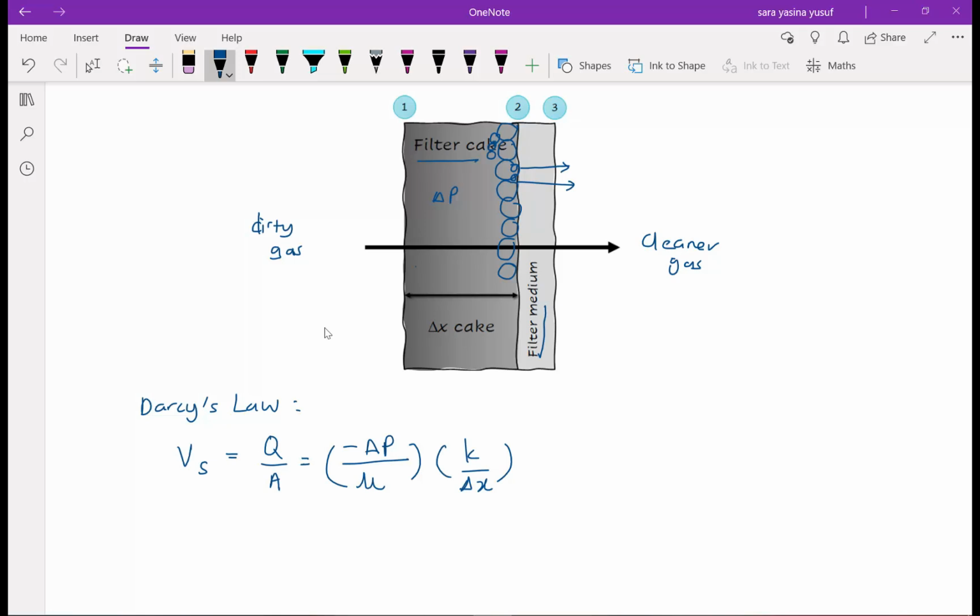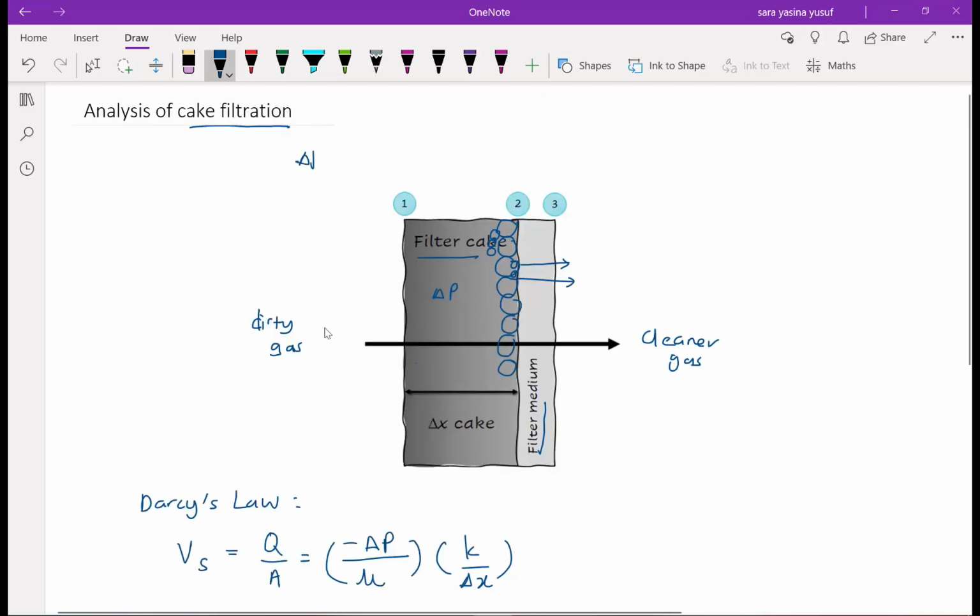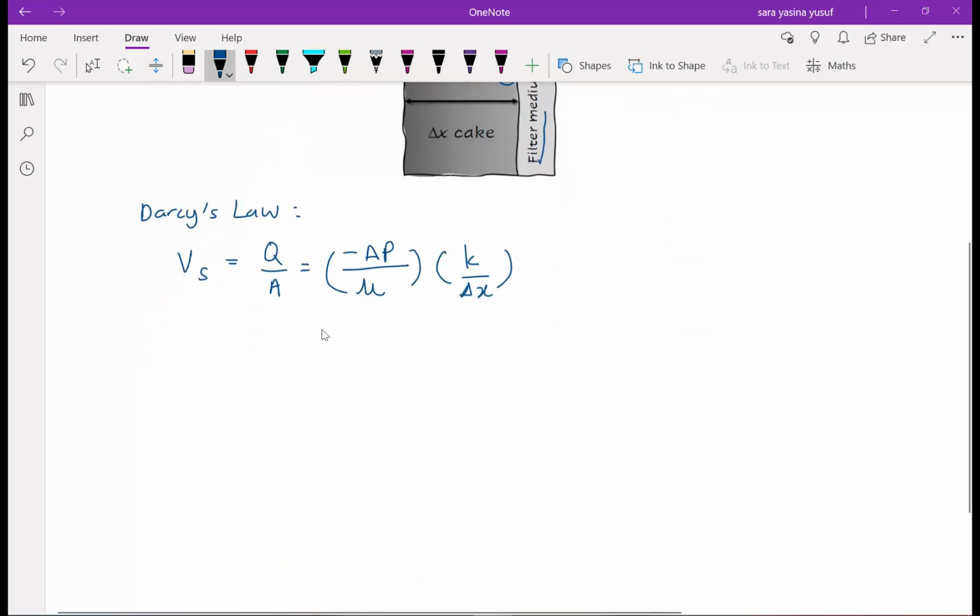Okay, so pressure drop is the difference between P2 minus P1. Okay, since there is a negative sign here, it will be reversed, in which P1 minus P2. So we may write this as P1 minus P2 over mu times K over delta X.